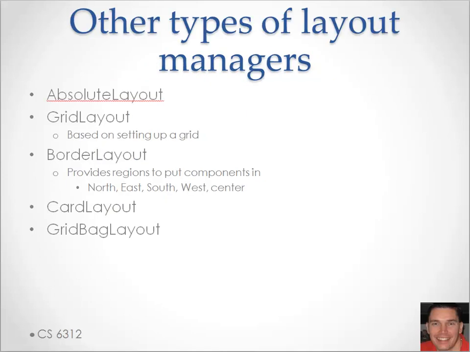There are several different types of layout manager classes. The absolute layout manager class, the way that works is where you place a control, it's always going to stay there. They're not going to dynamically move around if you resize your window. But there are grid layout, border layout, card layout, a lot of different layout managers to help you achieve the particular type of look and feel that you want when you place controls within your container.